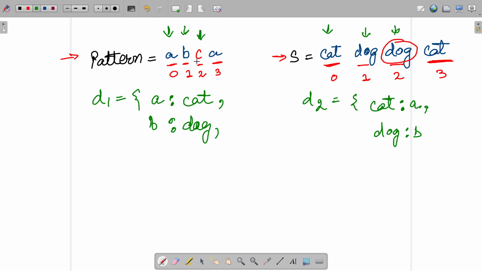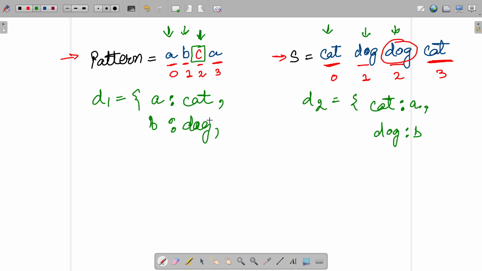We can see that C is not present in this dictionary, but this dog is present in the dictionary. It basically means there is a character which has not been encountered yet, but at that index there is a word which is already encountered.